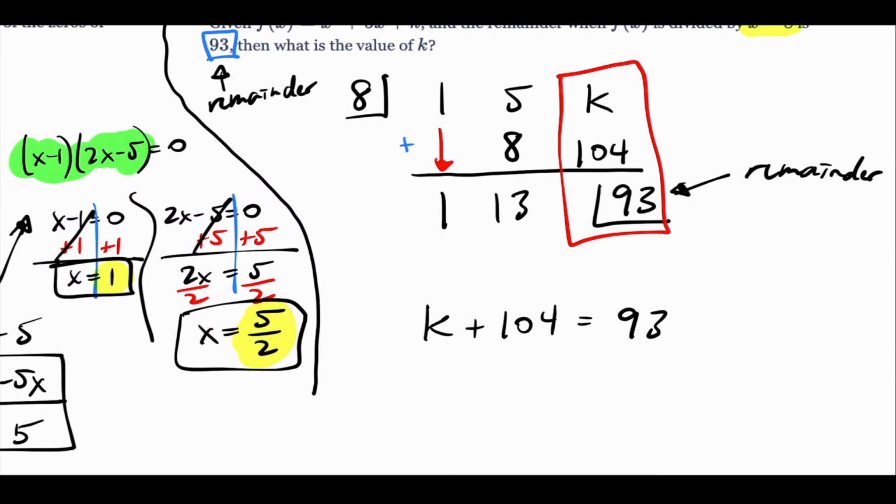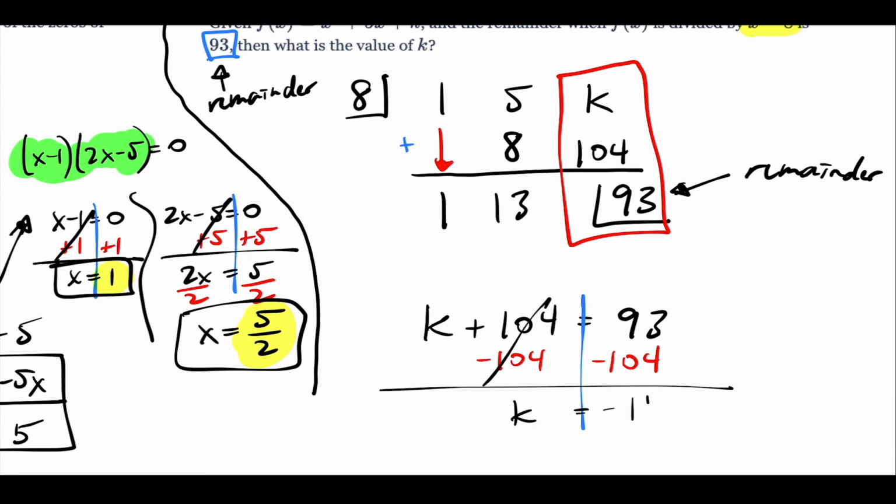That should be true. So what number does K have to be? Let's see. Yeah, it's going to have to be a negative number. -11. So if k was negative 11, it would make 93 there.